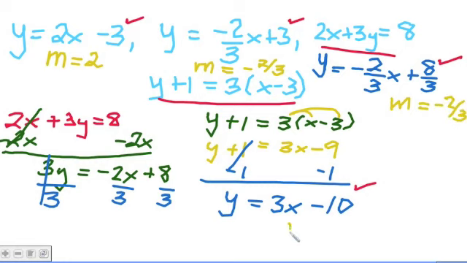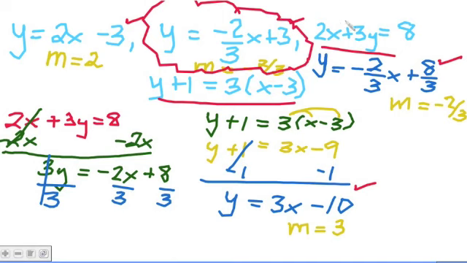And my slope here is 3. So on this particular example, I only have one pair of lines that will be parallel. The other two will be lines on the graph, but they will not be parallel. So this equation and this equation are my parallel lines.